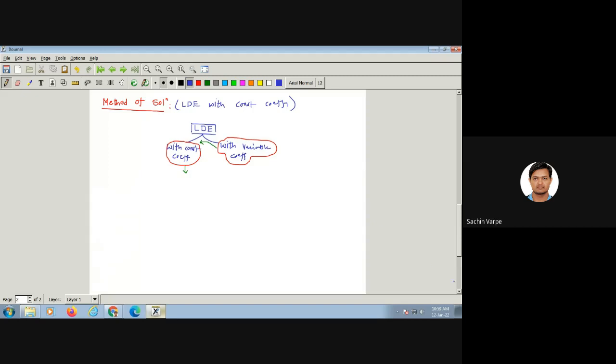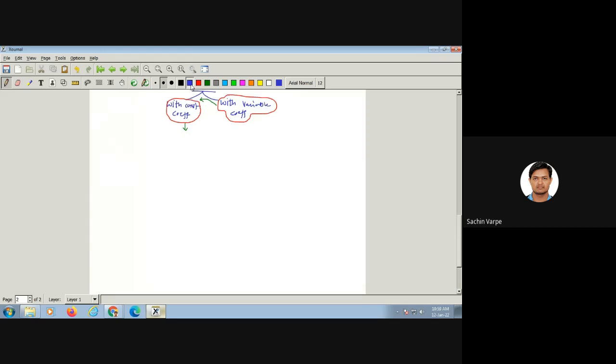Let us start with the equation which we have written earlier. What is the standard form of the nth order linear differential equation?